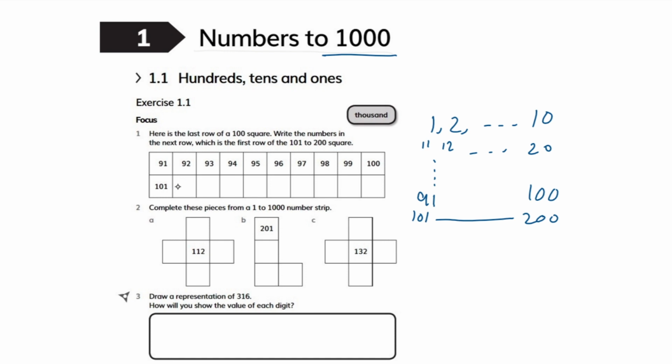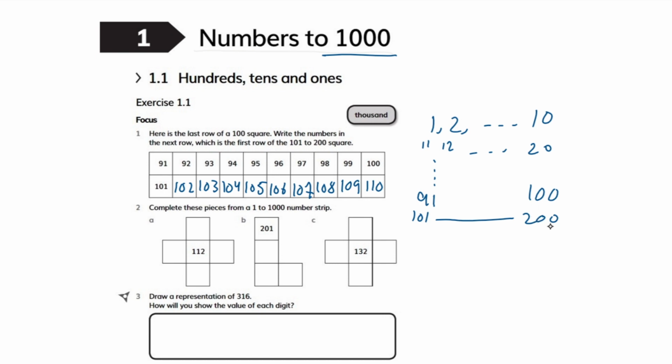101 is given here. So this one will be 102, 103, 104, 105, 106, 107, 108, 109, and 110.